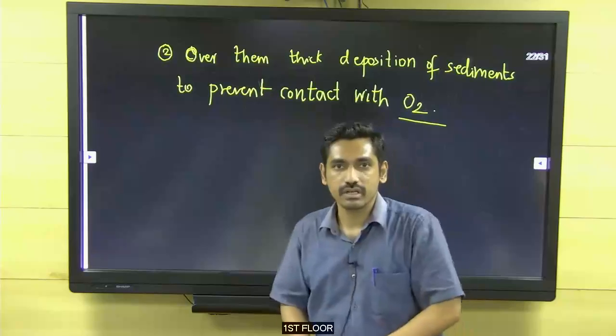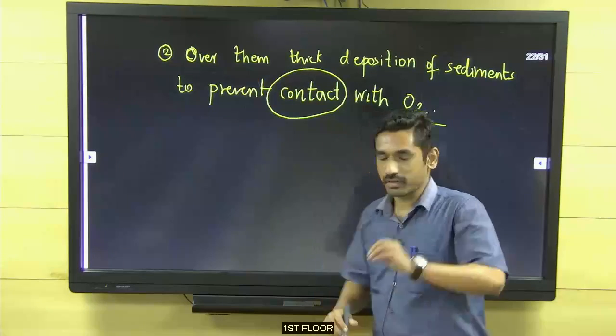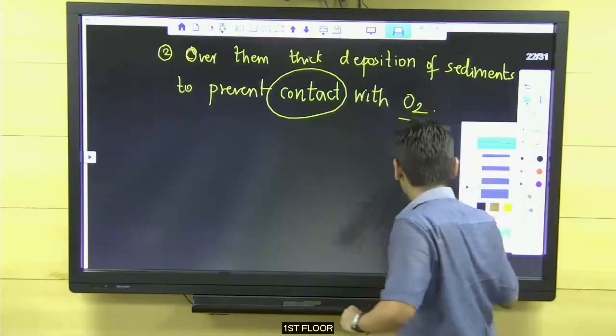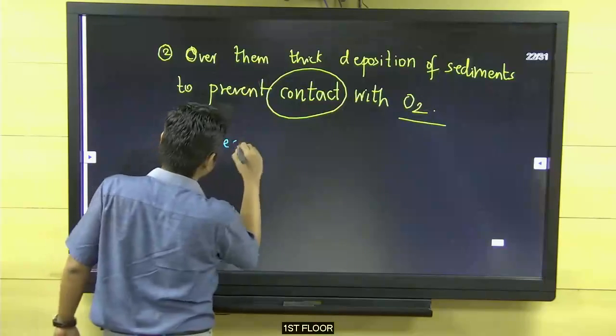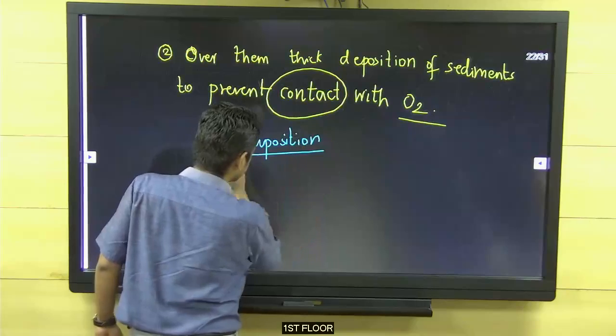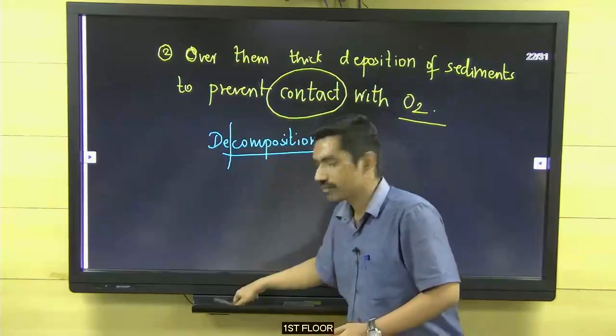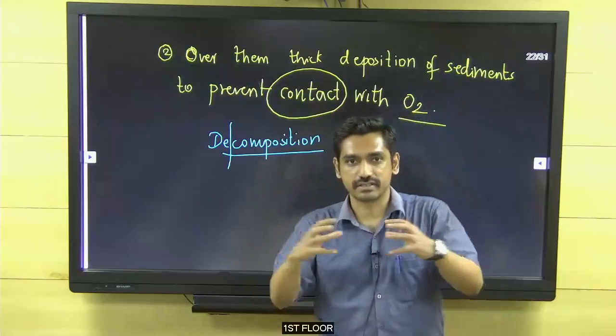It takes some time. Now, let's understand why you need to prevent contact with oxygen. Because oxygen is a very good decomposer. Follow up here. Decomposition is going to happen, but you don't want oxygen. Why? Look at the meaning of this word. Compose means complex.